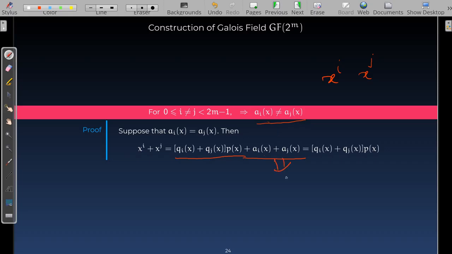So you have x^i plus x^j equal to (q_i(x) plus q_j(x)) times p(x), which is again a violation of the fact that p(x) is not going to divide any other polynomial except x to the power 2^m minus 1 plus 1. Okay, so that's wrong. It means that these two remainders a_i(x) and a_j(x) must be different.